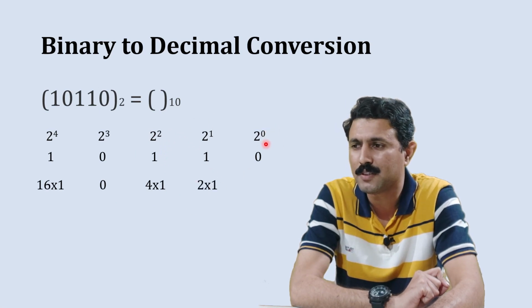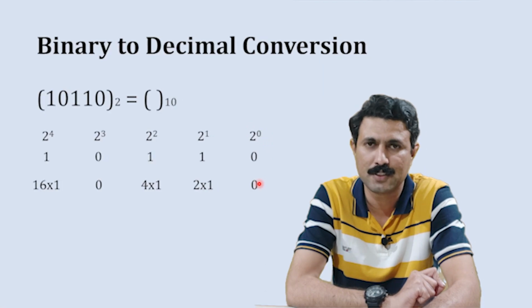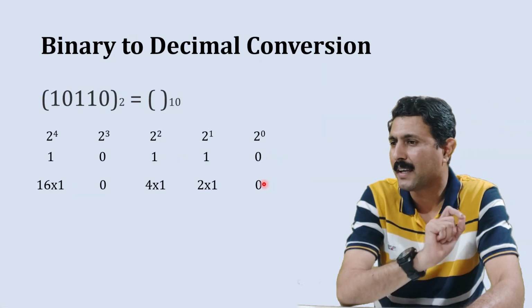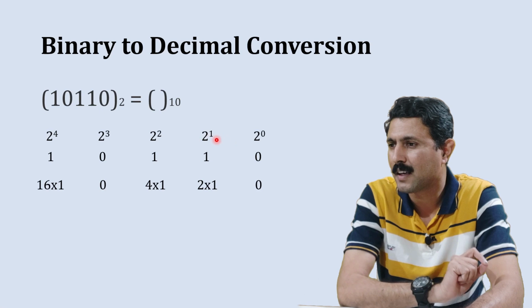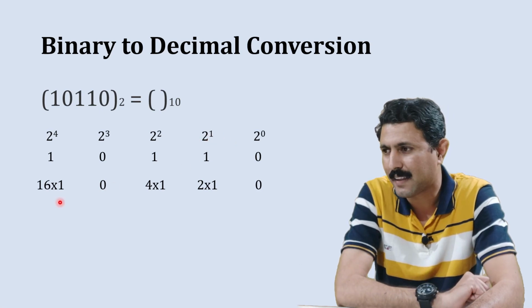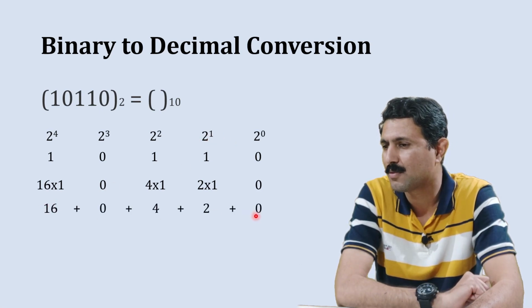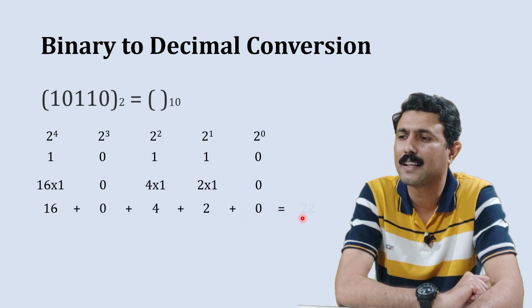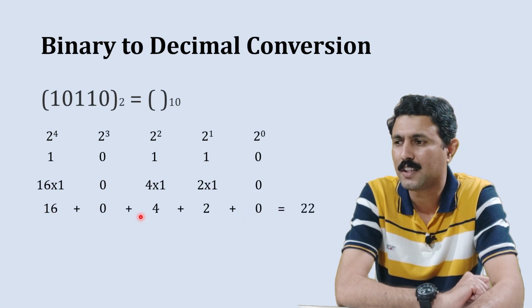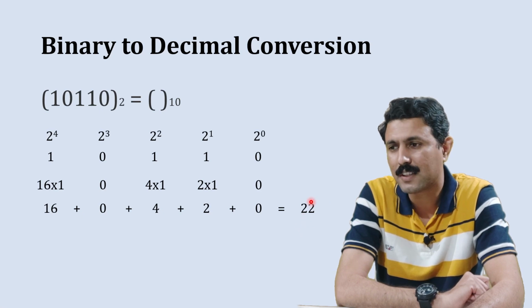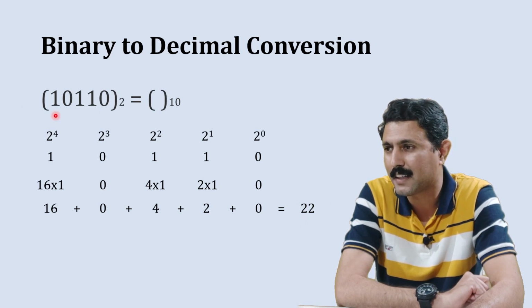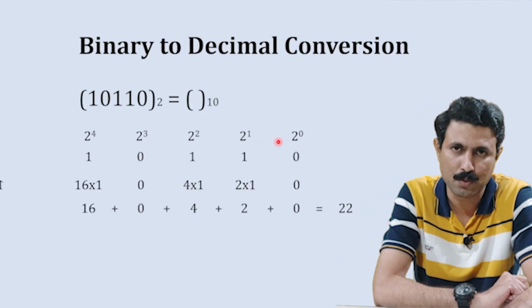And 2 raised to 0 is 1, 1 multiplied with 0. So you need to multiply each digit with the appropriate weightage and then add all these things together to get the decimal equivalent. So 16 plus 4 plus 2 gives us 22. So the decimal equivalent of this binary number is 22.